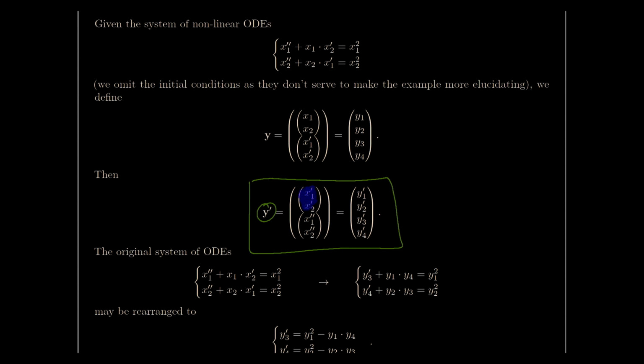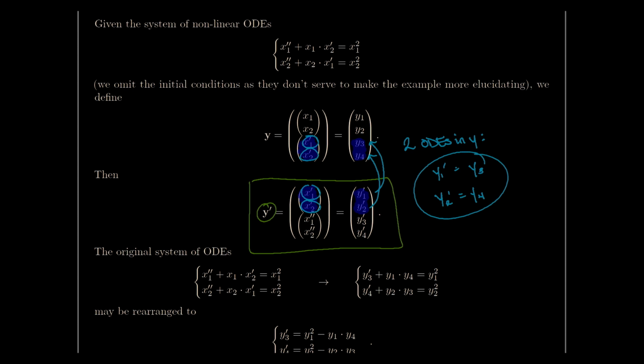So I'm comparing this to this, and I immediately see that y3, y4 is y1 prime, y2 prime. So here's 2 ODEs that I immediately recover from what I've highlighted in y. I immediately recover y1 prime is y3, and that's just because these are the same, and I recover y2 prime as y4, and that's just recovered because these are the same. So that's nice. I've already found 2 ODEs in y.